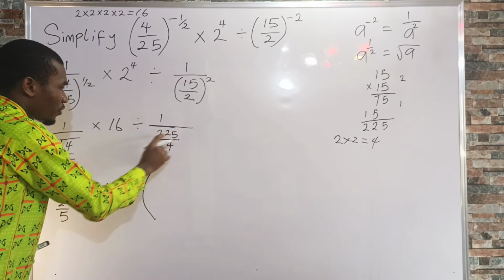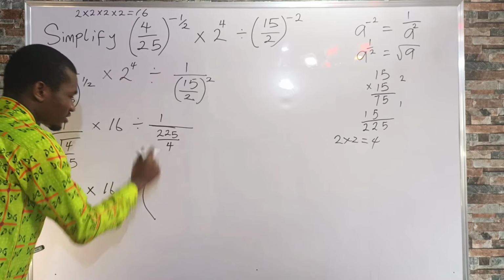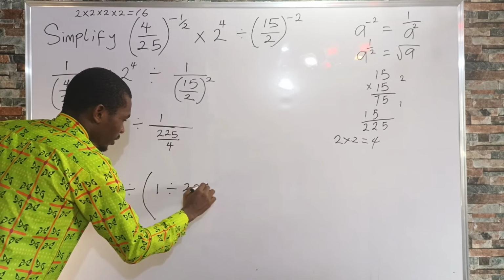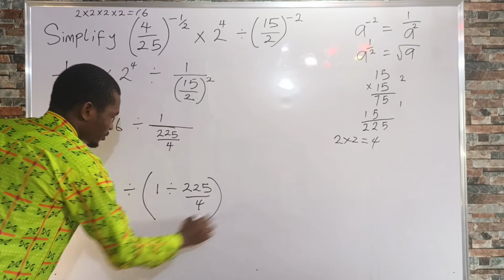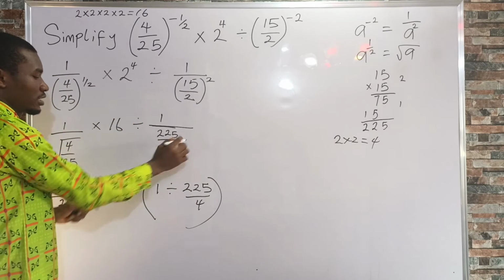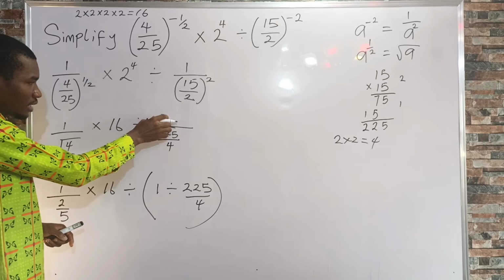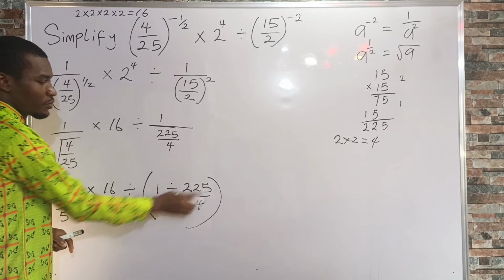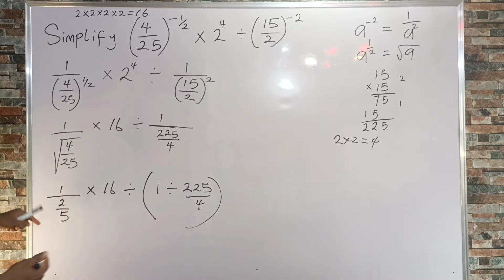Remember that 1 over 225 over 4 can be put as 1 divided by 225 over 4. So everything we have here can be put as this. Let's solve further.